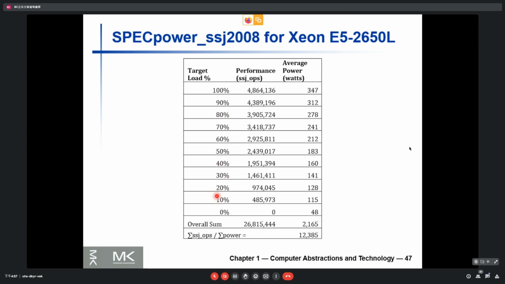Even if your CPU is only 10% loaded, 你有10%在跑，90%都在 idle, you still consume 100 watts, 115 watts. But if you turn it down to 0, all the processors are completely idle, doing nothing, you still consume 48 watts. 你还是烧48瓦，什么事都没做，你在那边变成那个电热器。So in this case, it's not linear.